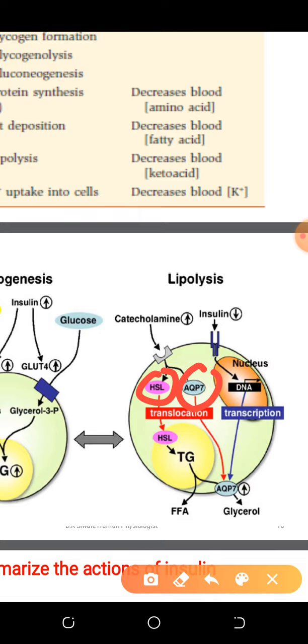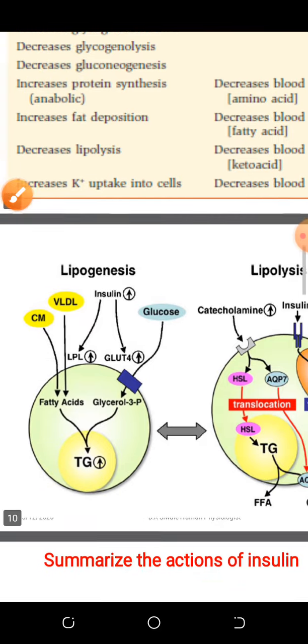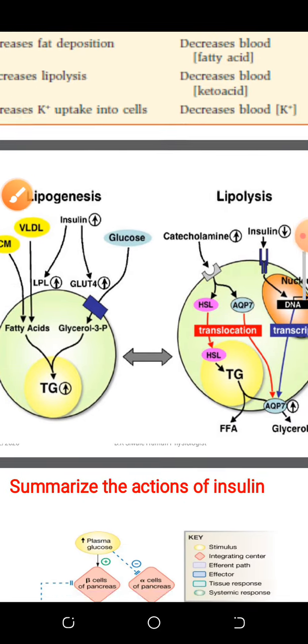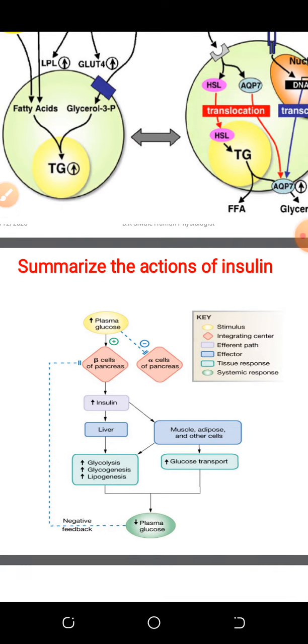Okay, it is just important to understand the mechanism of action of insulin. We can summarize the action of insulin in this table. Whenever the insulin levels go up, the beta cells will be stimulated. They'll become depolarized.